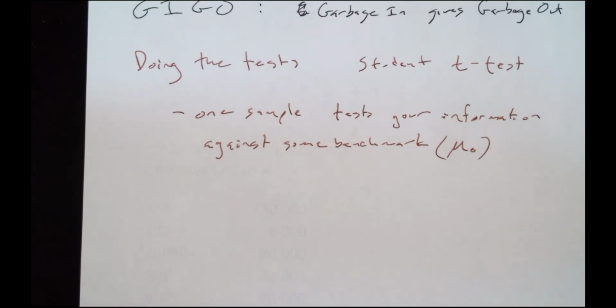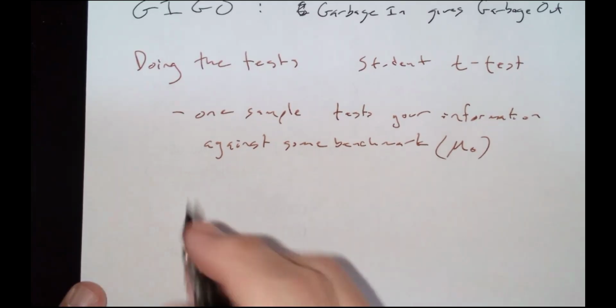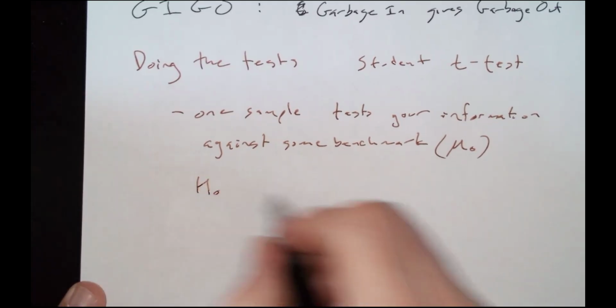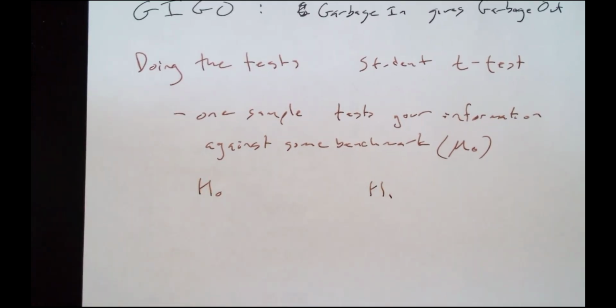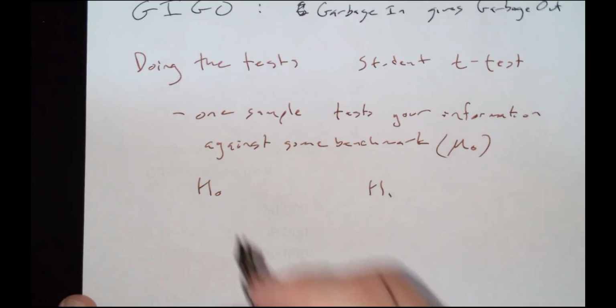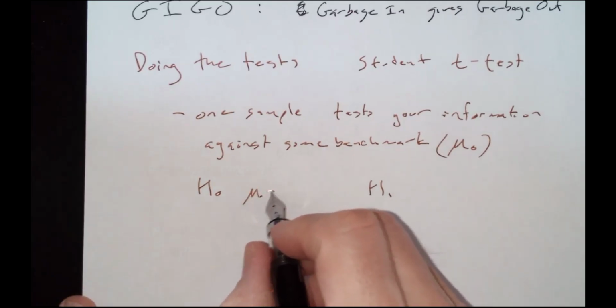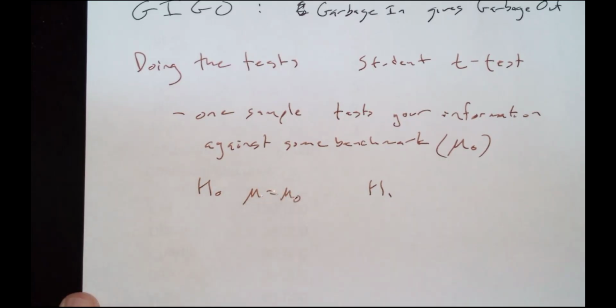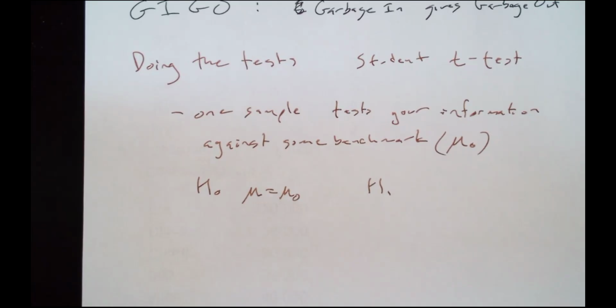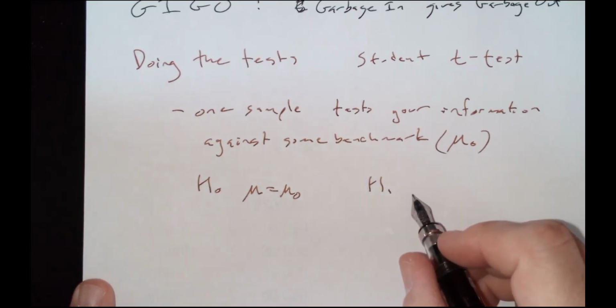Then we look at our hypotheses. Our hypotheses come in 3 different flavors. Either I think there's no difference, my data matches, in which case, what's my alternate hypothesis?